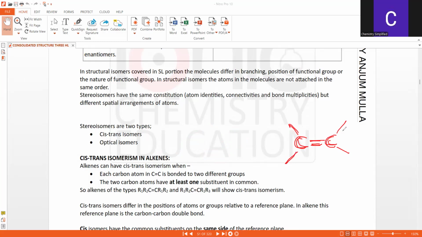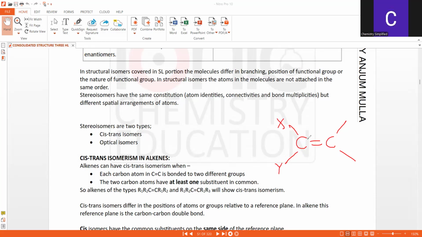For a cis-trans isomer, it is important that each carbon is bonded to two different atoms or groups of atoms. So if this is X, this is Y. Both can't be X.